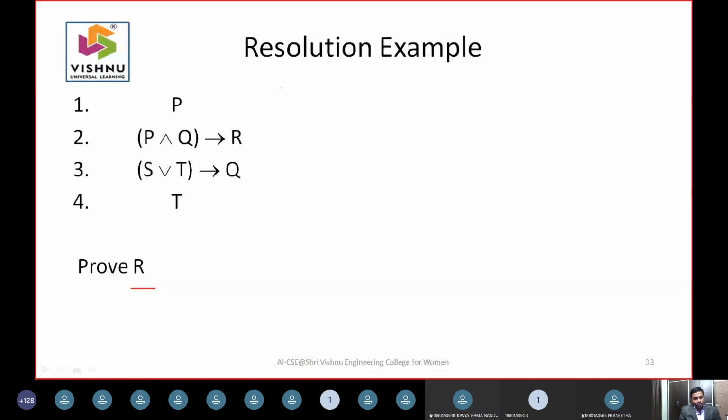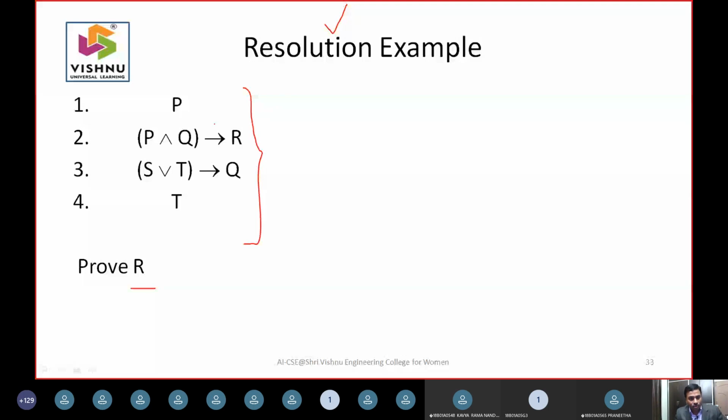So what does your resolution algorithm tell you? Can somebody tell me whether these statements are in the clause form or not? If you wish to apply a resolution procedure, you need to ensure that all these statements must be in clause form. Clause form is a form where we should not have any implications.